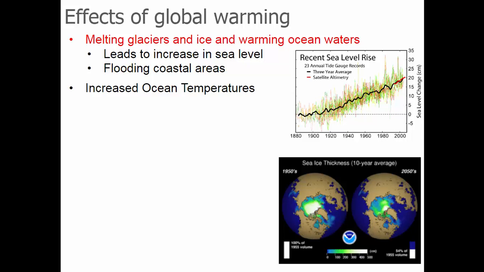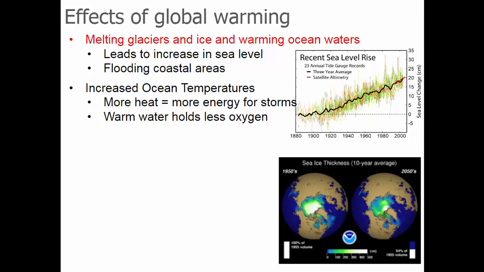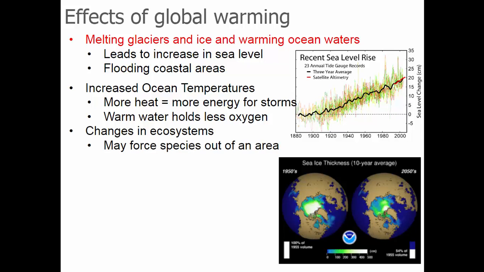As the earth warms, the temperature of the ocean warms. Warmer oceans may sound great to go swimming, but the temperature of the ocean is what drives storms. As the temperature of the ocean gets warmer, hurricanes and tropical storms become more intense. Warm water holds less oxygen for the organisms that are in it. As ecosystems change, the abiotic factors are changing, the amount of moisture, the temperature, and many species cannot survive these new conditions and become extinct.